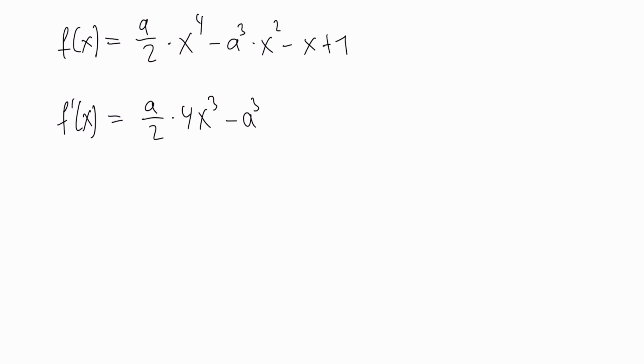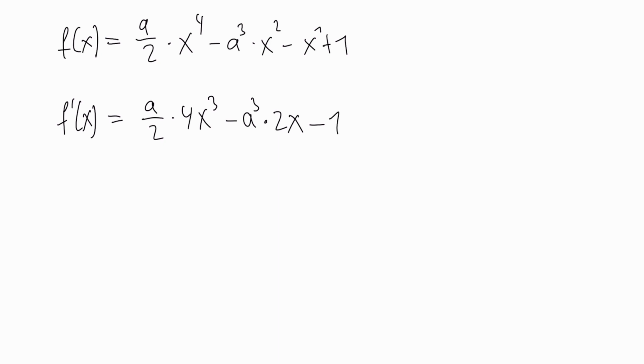And with x to the power of 2, we put the 2 in front of the x and subtract 1, so 2 times x to the power of 2 minus 1, so to the power of 1, which doesn't matter. And x to the first power, we put the 1 in front, which gives us just 1, and x to the 0 is 1, which leaves us with just minus 1.